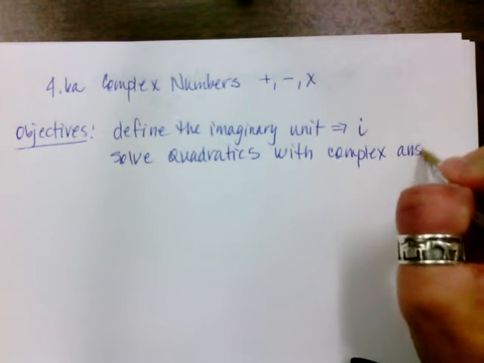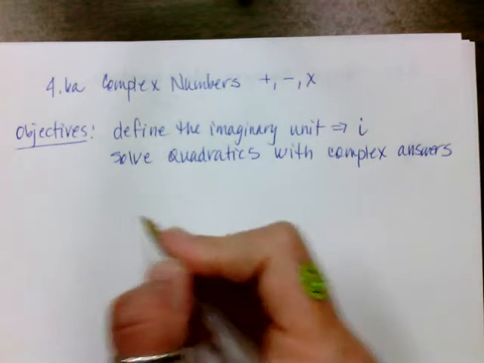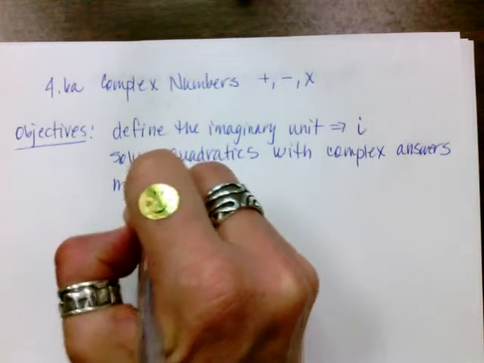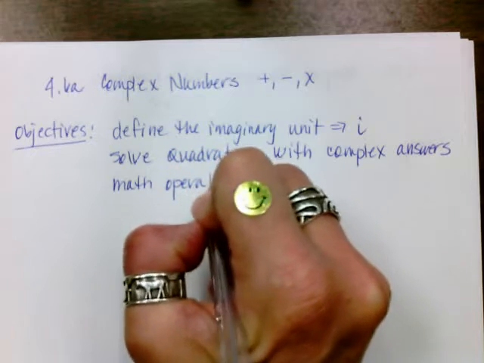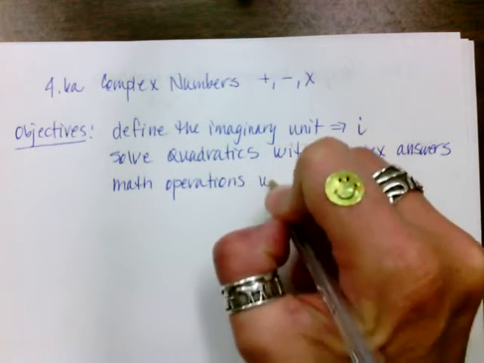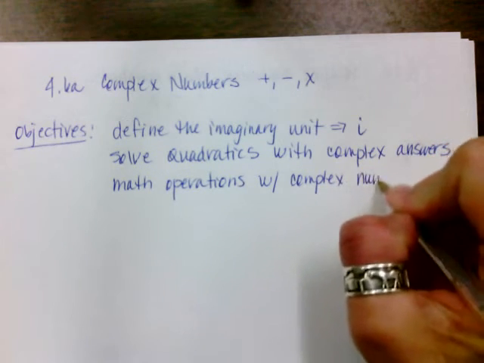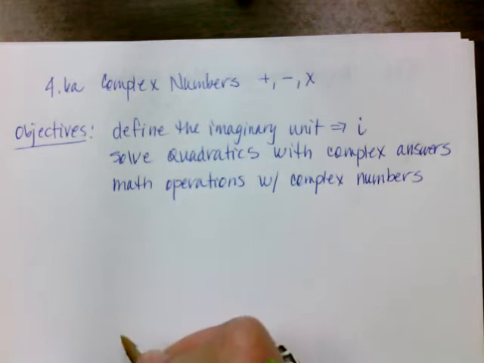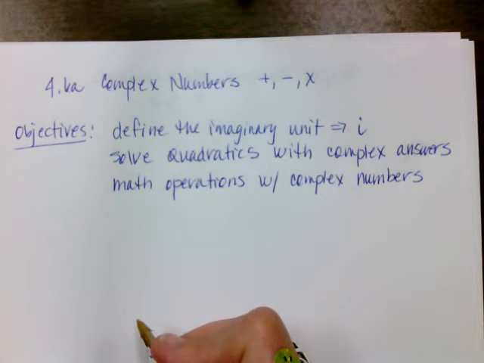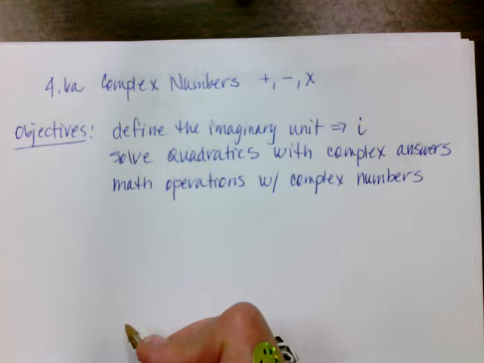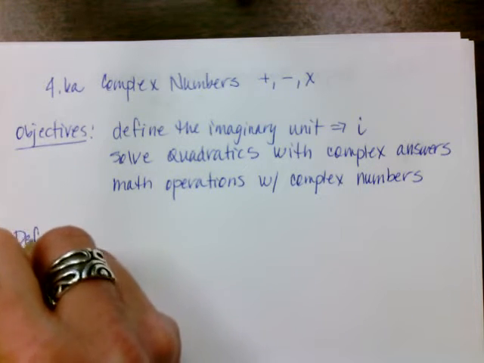And then we're going to do some math operations with our complex numbers. So those are the three tasks that we are going to do today. So we're going to define our imaginary unit i, solve quadratics with complex answers, and then do some math operations with our complex numbers.